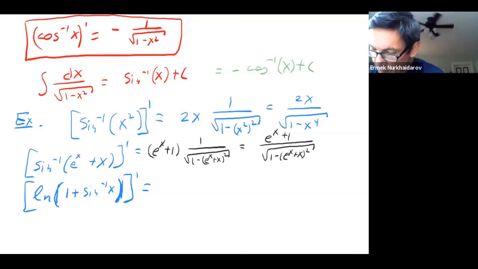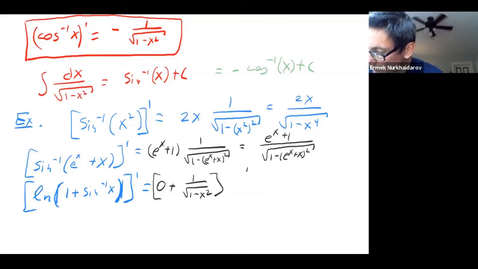For the second, the derivative of the inside is going to be the derivative of 1, which is 0, plus the derivative of sine inverse, which is 1 over square root of 1 minus x squared. And the derivative of ln is 1 over the inside. Essentially that's your answer.